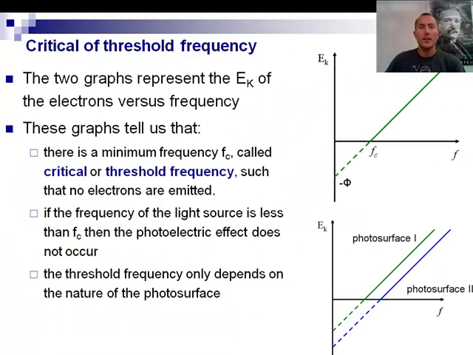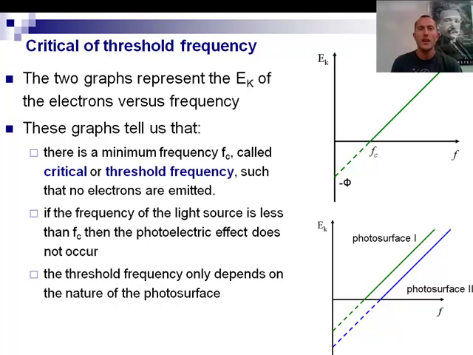Now, when Millikan was performing these experiments, he found that for a specific photosurface, it didn't start gradually at the lowest frequency and have that energy of the electrons build and build from the very beginning. He found that for each specific photosurface, there was a frequency of light at which the photoelectric effect began.